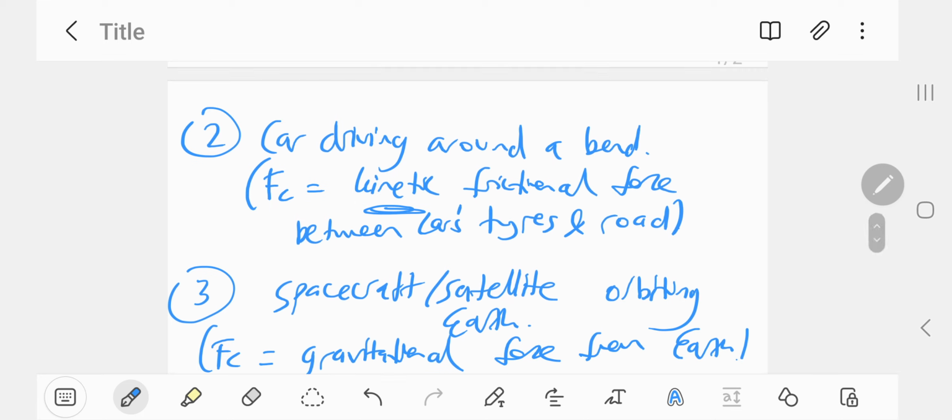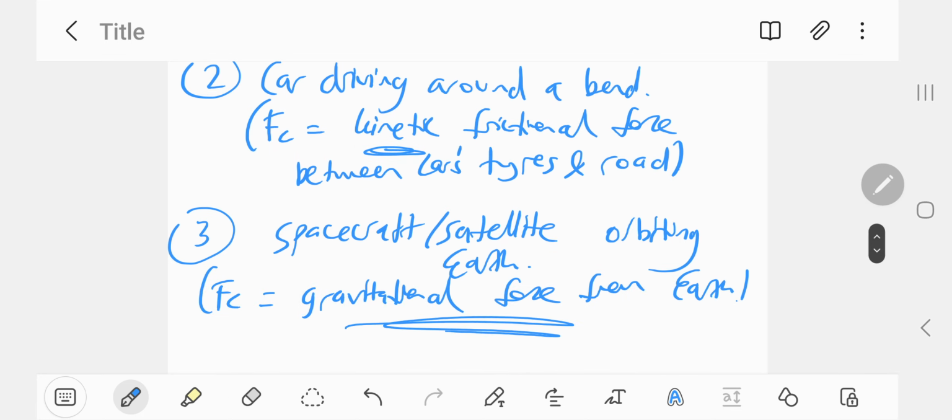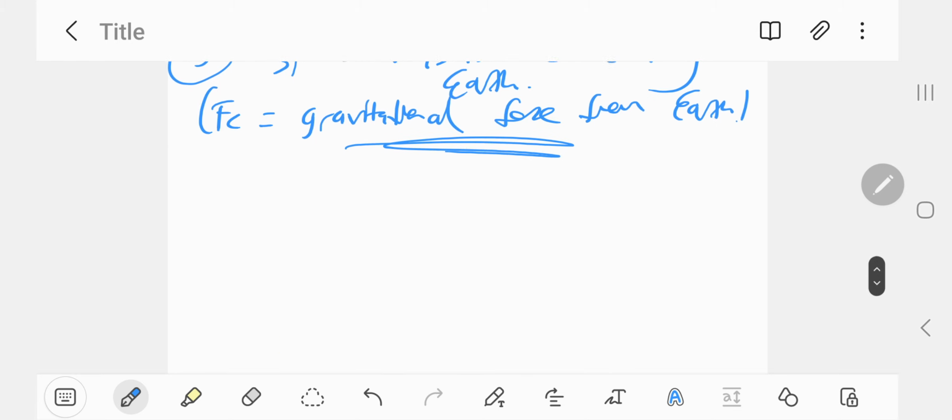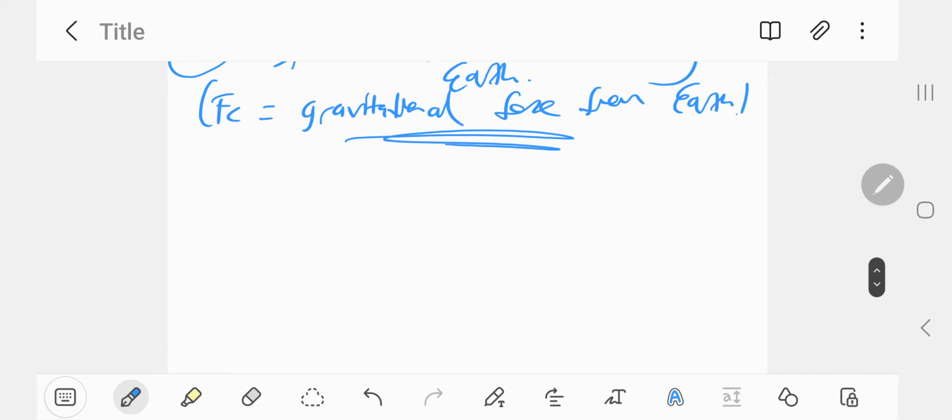So there's some examples there. And these are typical in HSC questions, in the HSC physics paper. It tends to pop up a lot. So in addition to centripetal force, there's also something called centripetal acceleration.